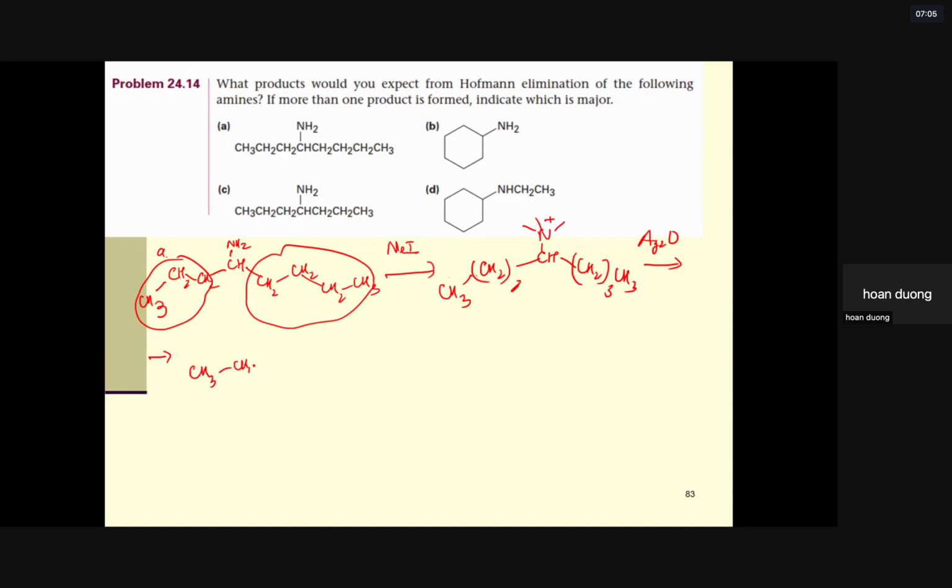And they make CH3, CH2 two times, right? And CH and here N with OH, right? So this compound is an ammonium, and here's the hydroxide, and you make CH3.